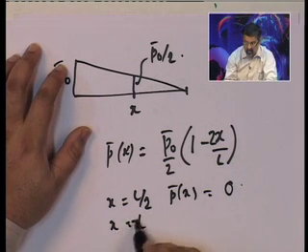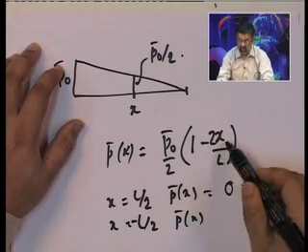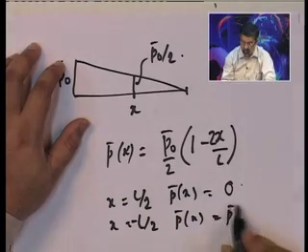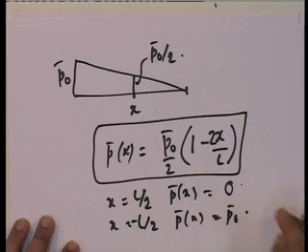If x is minus L over 2, put minus L over 2 over here, you get 1 plus 1, it is equal to p bar 0. So, this indeed is my p bar x.